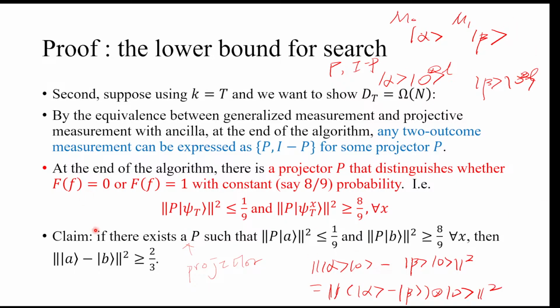Anyway, going back to here, we have argued that we can just use projectors as our measurement. So we have projector P and projector I minus P, and by projector we actually mean Hermitian projector. Let's assume that at the end of our algorithm we can distinguish the 0 and the yes case with some constant probability.